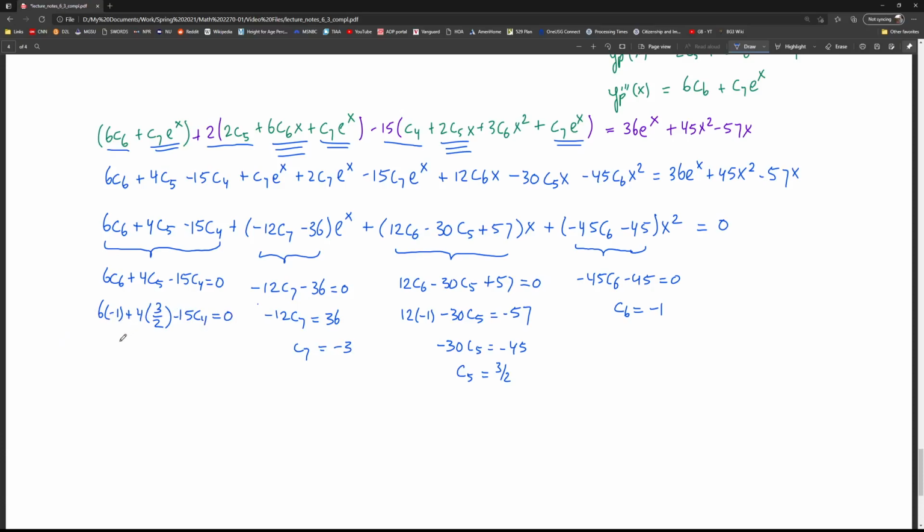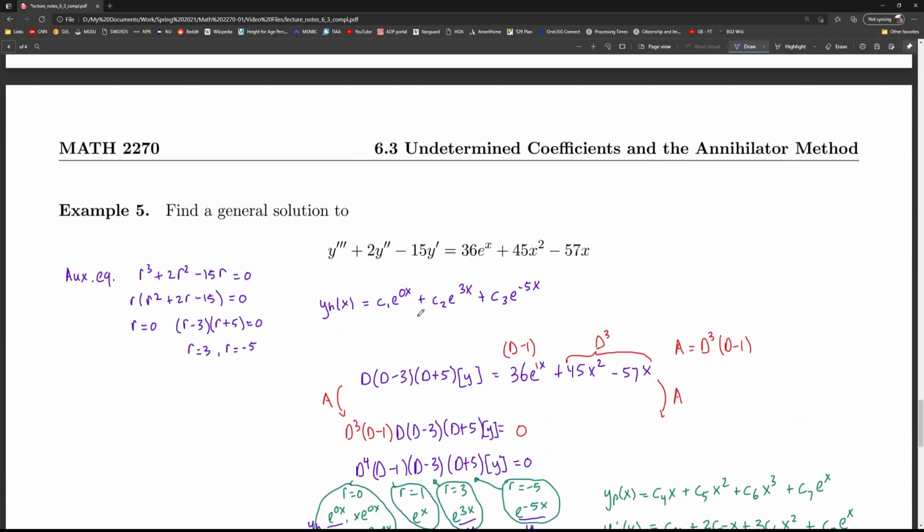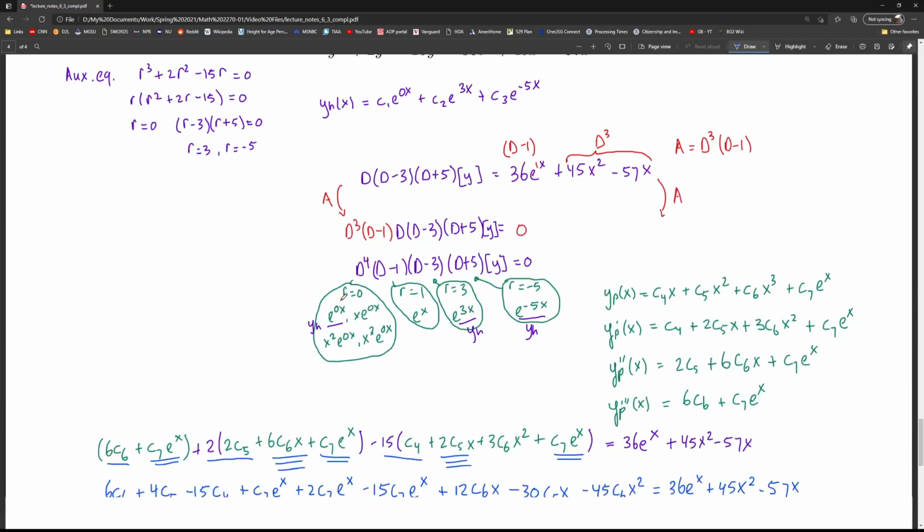So we then get negative 6 and then plus 6 minus 15c4 equals 0. That is 0, so it actually turns out that c4 equals 0. So that's a lot of work, but now we have our final answer.